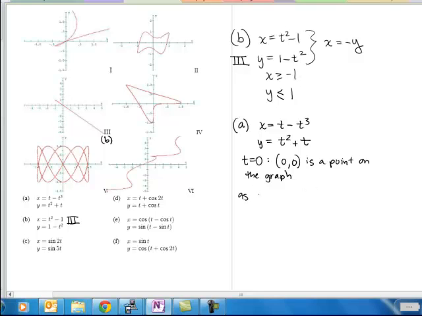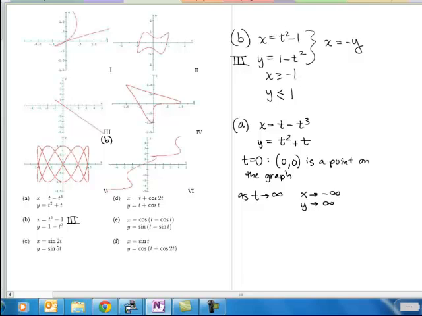So as t gets really large in the positive direction, what happens to x? What happens to y? And remember, the highest degree term is going to dominate what's going on. So this negative t cubed would dominate the x, and the positive t squared would dominate the y. So we would say x would be going to negative infinity, but y would be getting larger in the positive direction.